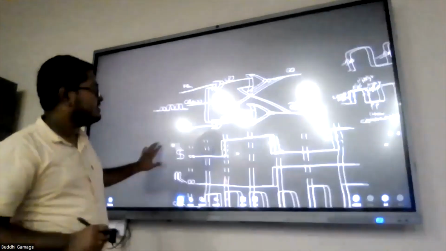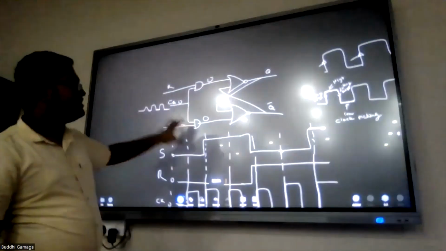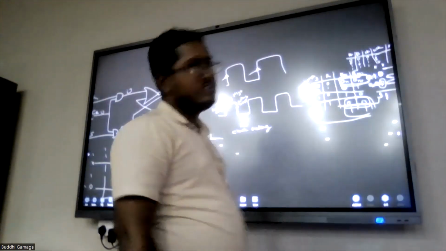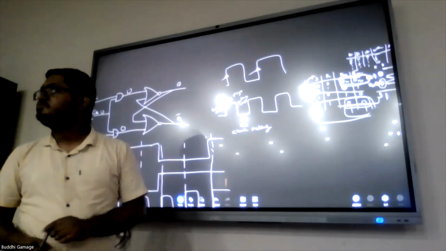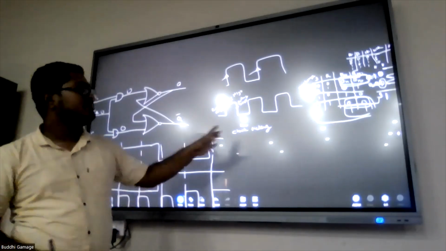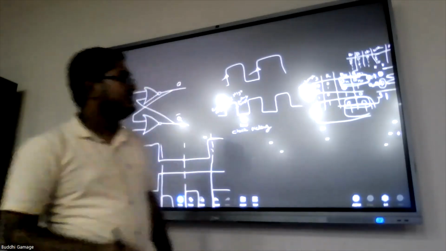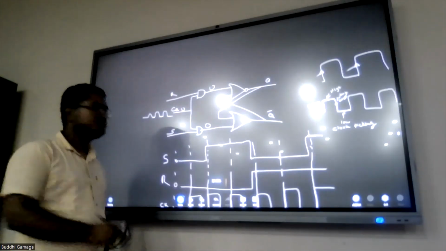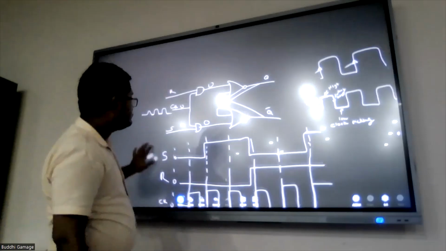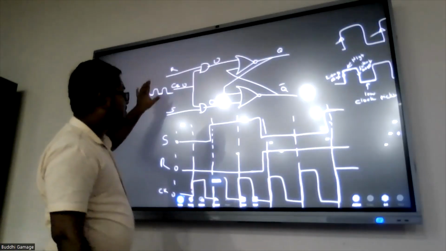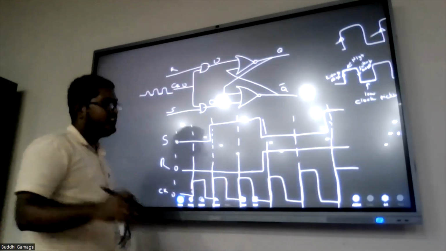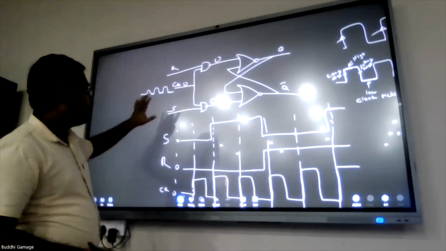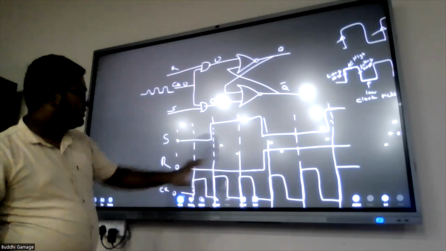That means if the clock is 0, according to our truth table, it is in the no change state, right? So it will keep sending the previous output as the present output. And the set, reset, and the memory are going to check where this clock tick is happening.